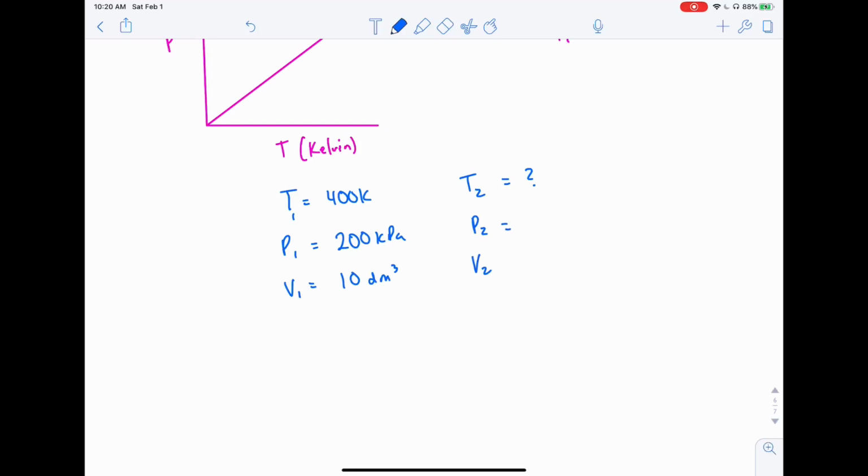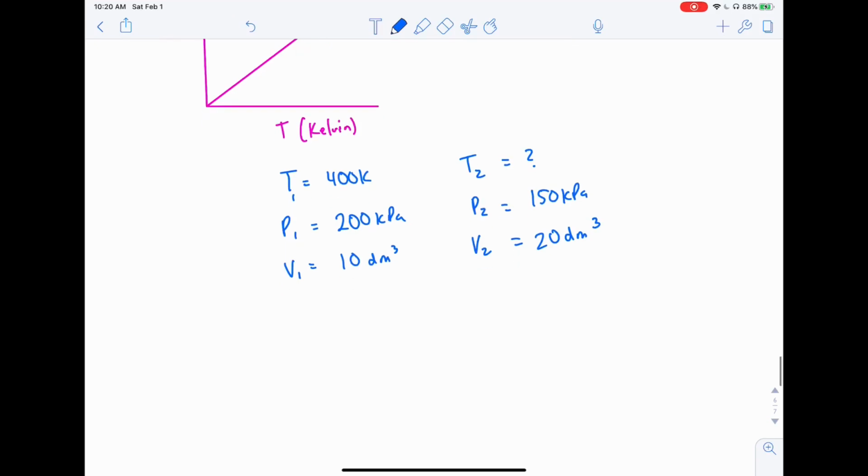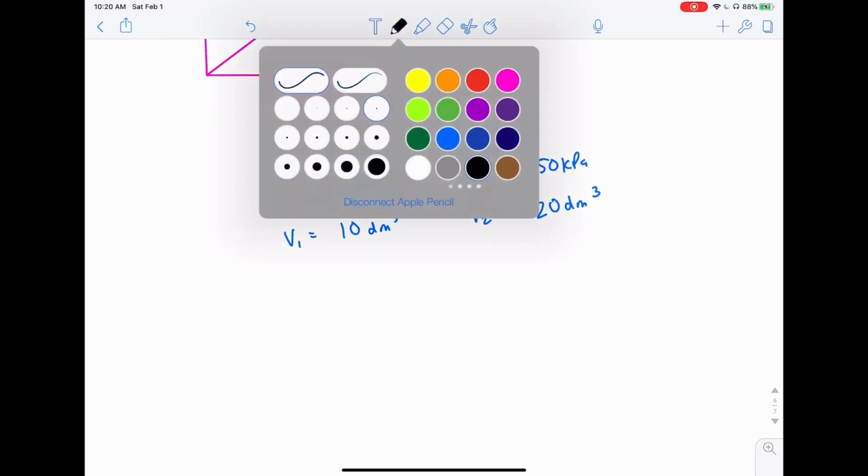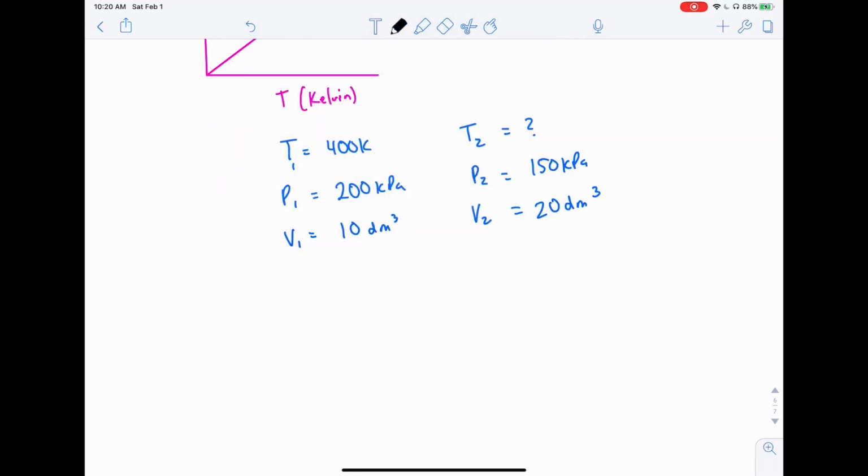And we know our second pressure is 150 kPa, and our volume is 20 decimeters cubed. Okay. Let me show you how you can do this with fractions, because we're going to have to multiply by all these fractions, like the change in pressure and the change in temperature.